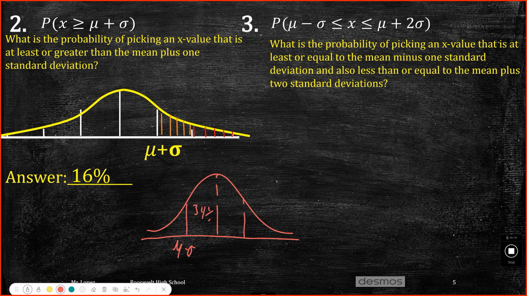And then this is going to be the mean plus one standard deviation. The mean plus two standard deviations. So this is what? 34%? How much was this? So what is 34 plus 34 plus 13.5? Or you could do what? 68 plus 13.5? Which is 81.5.